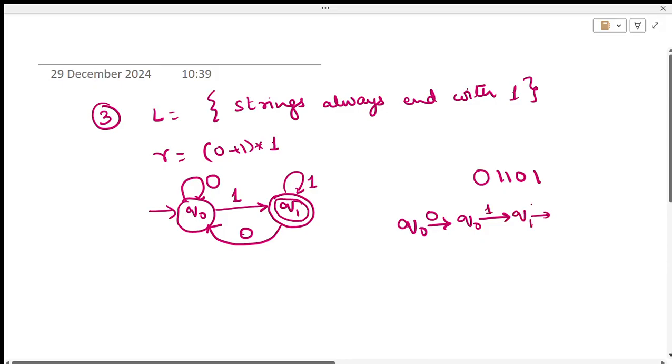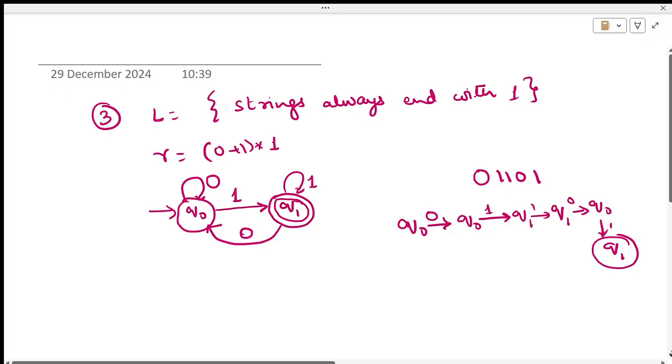Q1 on reading 0 goes to Q0, and Q0 on reading 1 stops on state Q1, which is an accepting state. So the machine stops. Whenever the machine stops after reading all the input symbols, and it stops on any of the accepting states, then we say that the string is accepted by the machine.